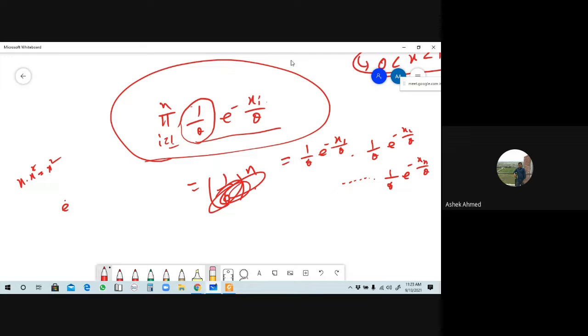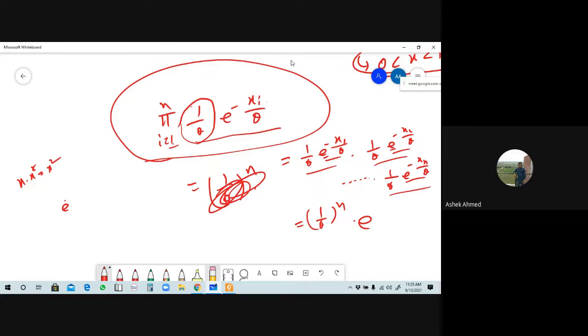From here, how many terms are in the product? n terms, so that will be 1 by theta whole to the power n. In the next term, e is the base here, so in each case you have to take the summation of the powers.